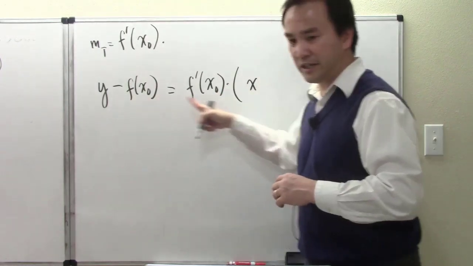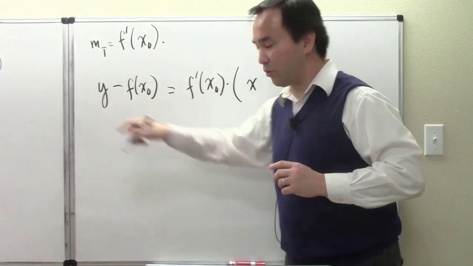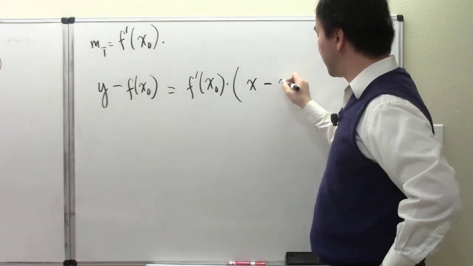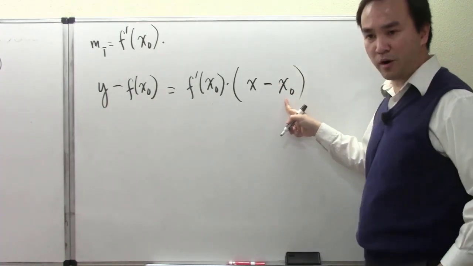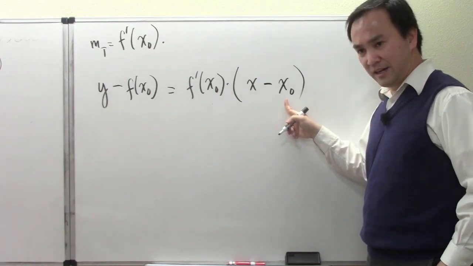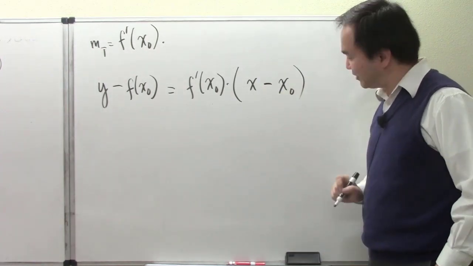So x and y are just the standard variables of our equation of the tangent line, but x₀ here is the x coordinate of our tangent point, which is also on the tangent line itself.